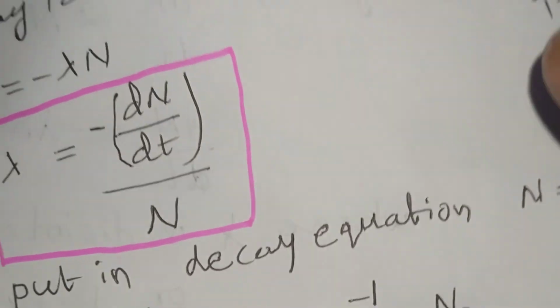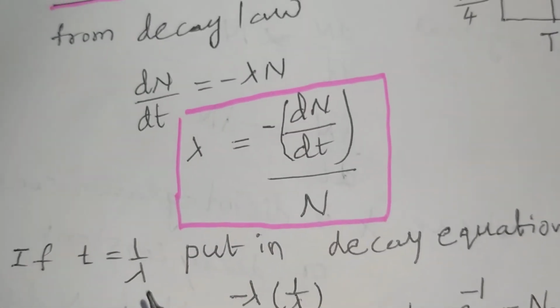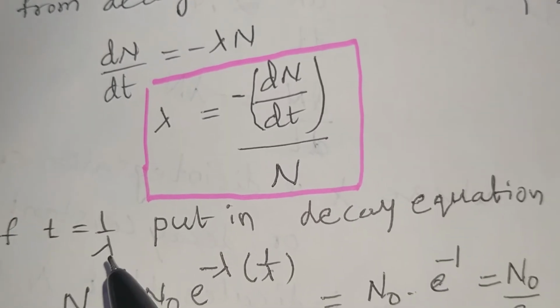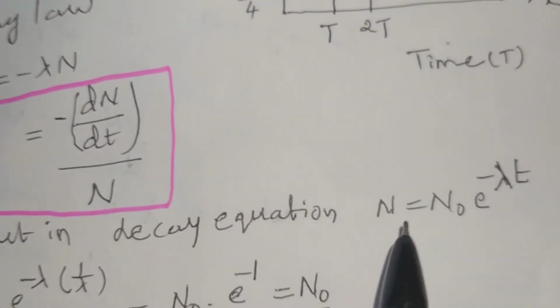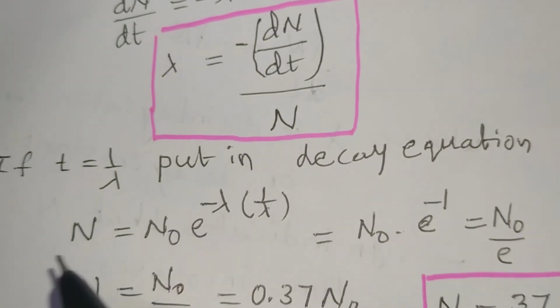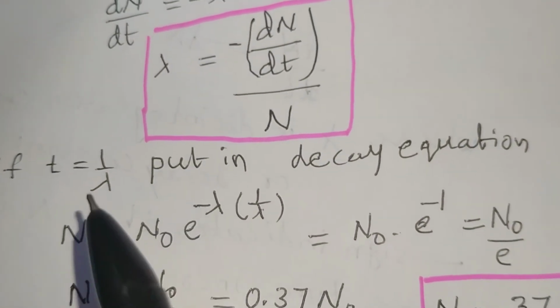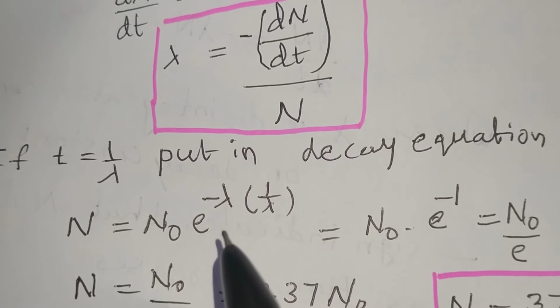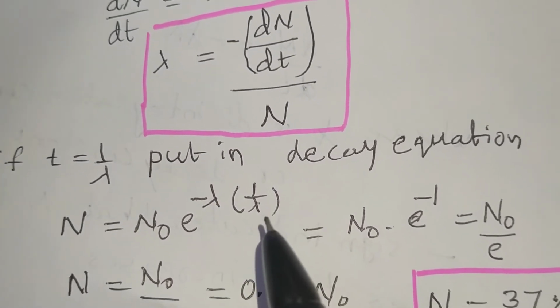Another way we define it: if time t is equal to 1 by lambda, put this in the decay equation, N is equal to N naught e to the power of minus lambda t. So N is equal to N naught e power minus lambda into 1 by lambda.